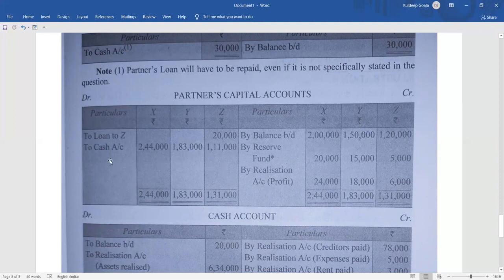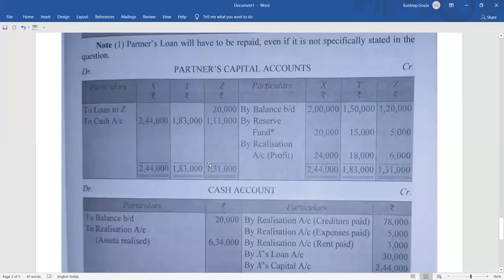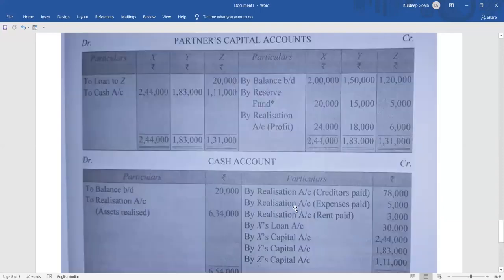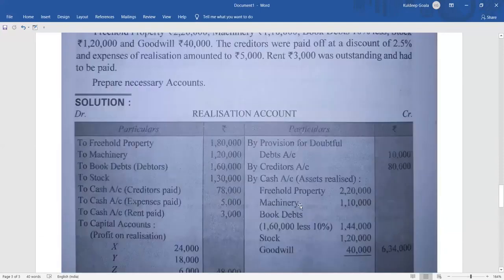So it will appear as by X capital account 2,44,000, by Y's capital account 1,83,000, by Z's capital account 1,11,000. The total of both the sides is 6,54,000. This is how you are going to solve a complete sum related to dissolution.